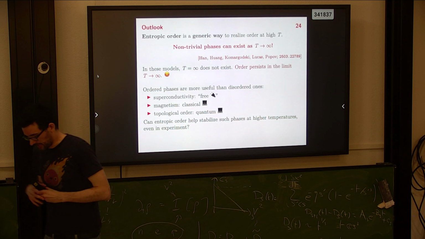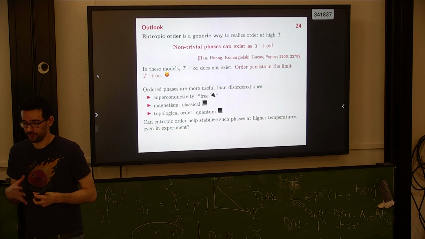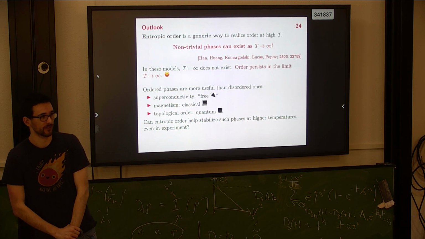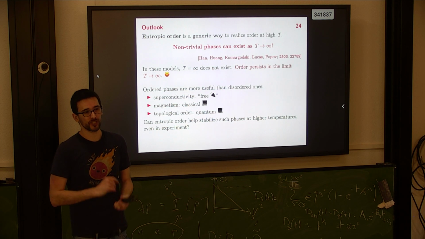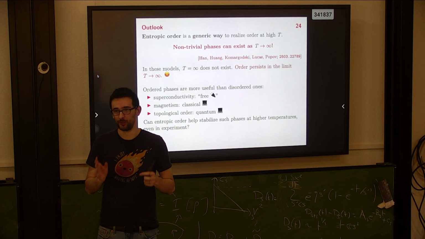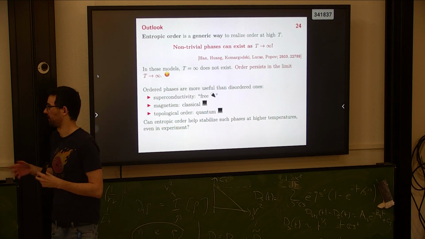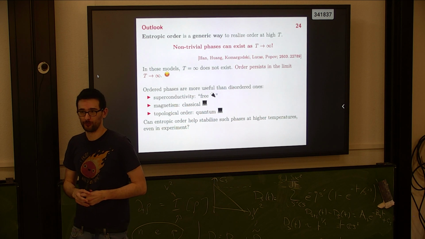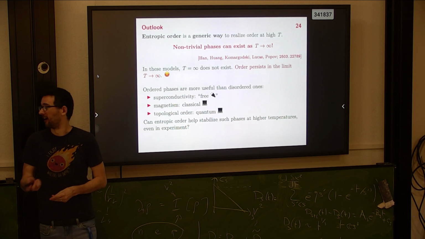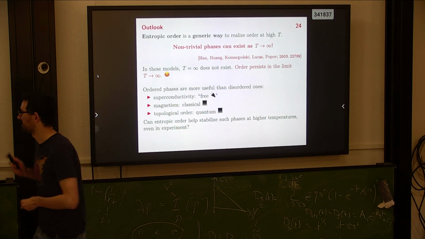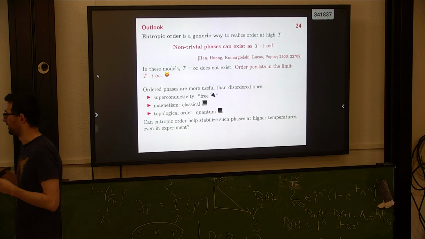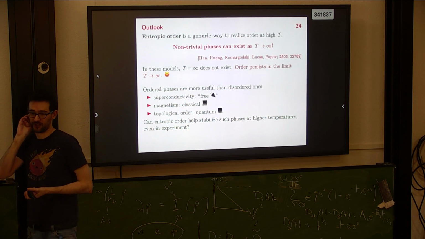And I think the last point I'd like to make is that ordered phases are more useful than disordered ones. If we had a room temperature superconductor, people have been getting grant money for years by saying we'll have free electricity. A more serious thing is that classical magnets really underlie classical information technology.